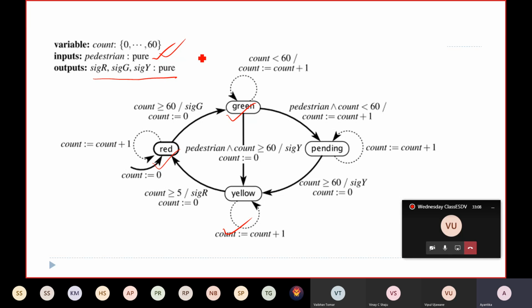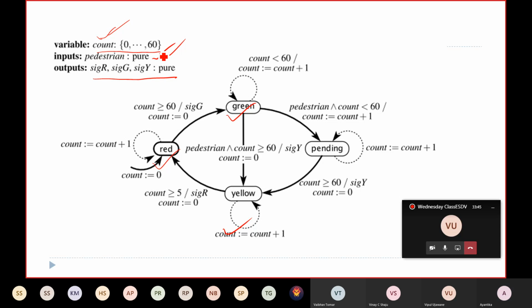Along with that, this is another example of an extended FSM where we have considered this count variable. Basically we consider count as a timer, counting my time duration, like the 60 seconds in the specification. We incorporate this condition in the design as a count variable.